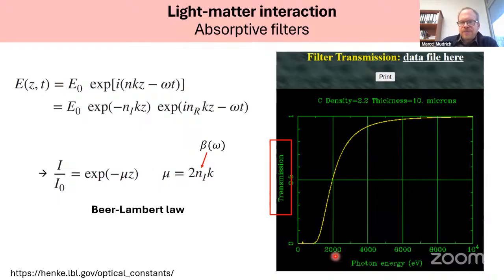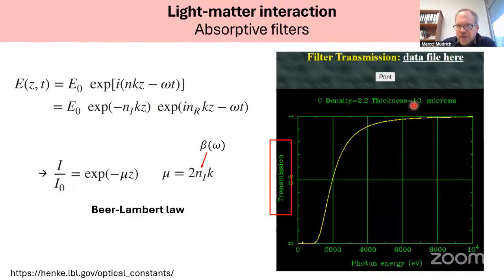And there, if we plot the transmission, so 1 minus the amount of absorbed intensity, that's the transmission, we find very low transmission, so complete blockage of X-rays in the range.